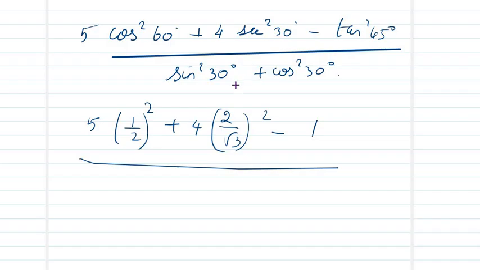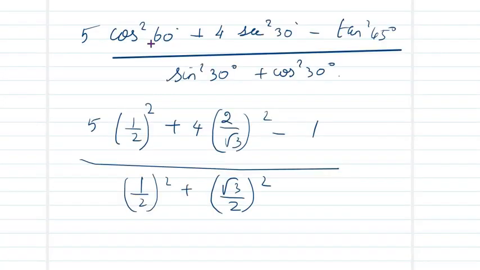How much is sin square 30 degrees? Sin 30 is half, so half square plus cos square 30 degrees. Cos 30 degrees is root 3 by 2, and since we have got square, we just have to find the square of this expression.